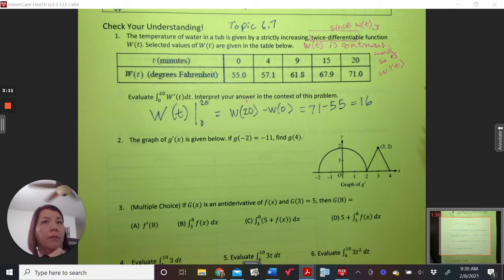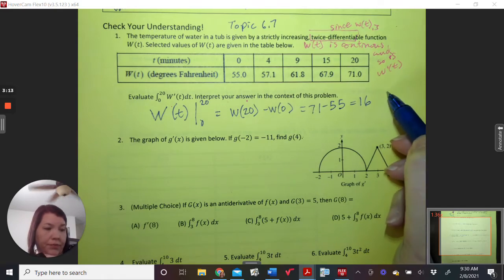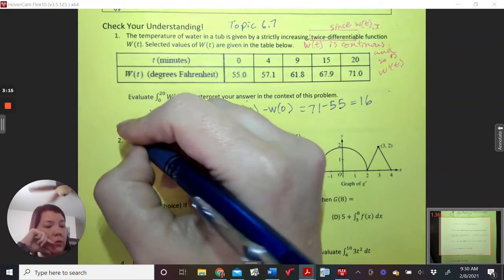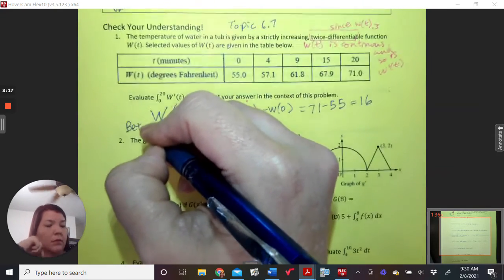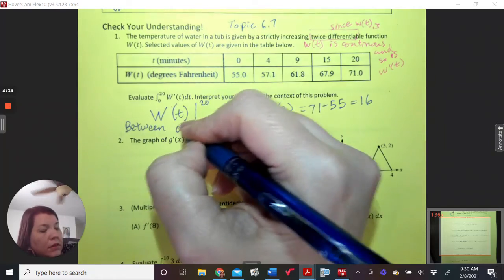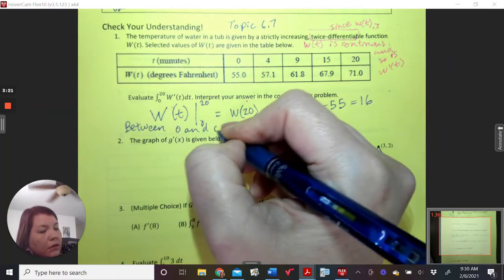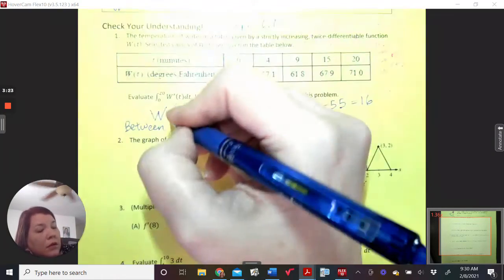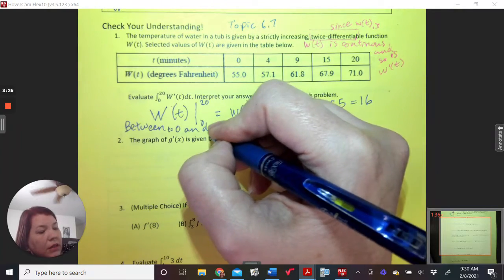Okay. Interpret our answer between 0 and 20. I guess we'd say t equals 0 and t equals 20.